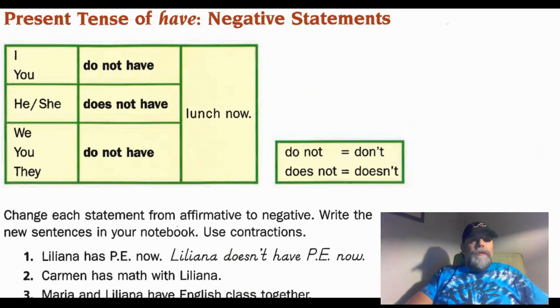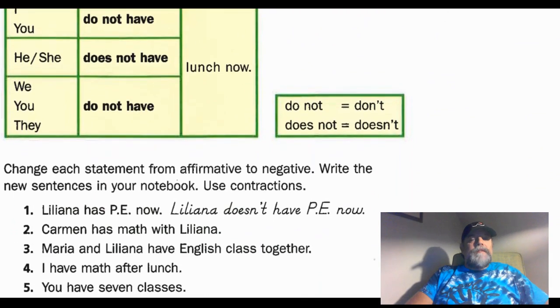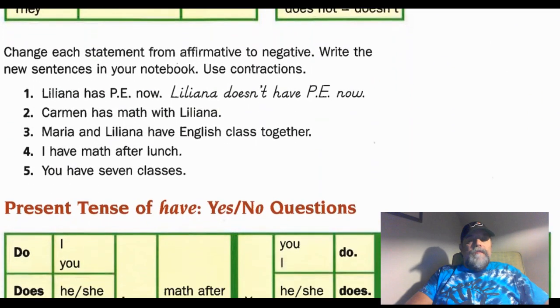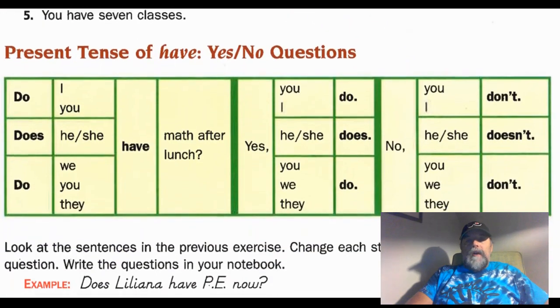The do changes to does, the have does not change. He does not have, she does not have, we do not have, you do not have, and they do not have. We went over all of this yesterday, and hopefully it makes sense, even if you don't get it right every time.